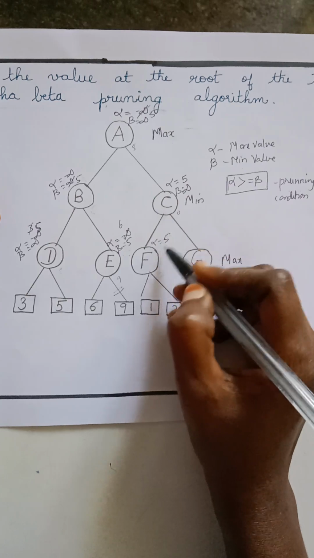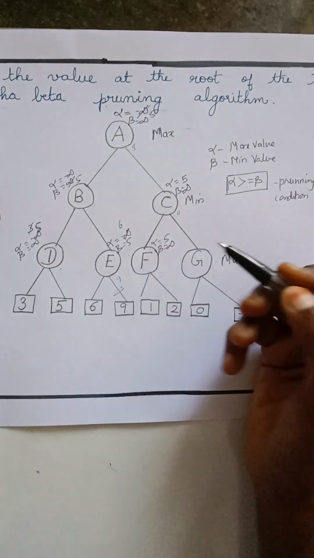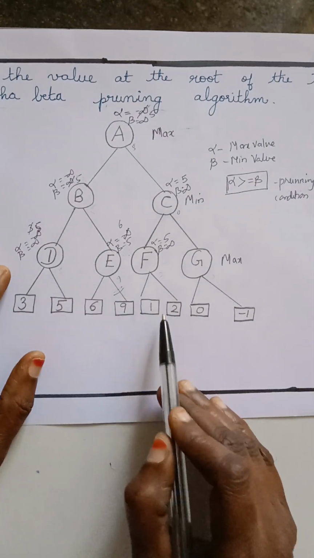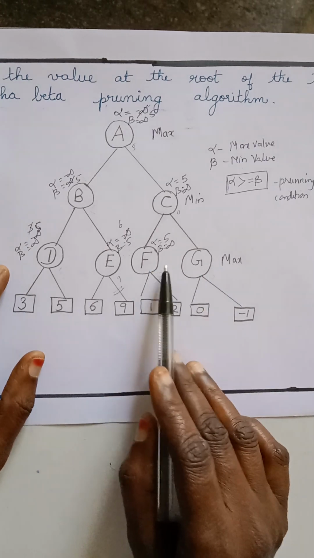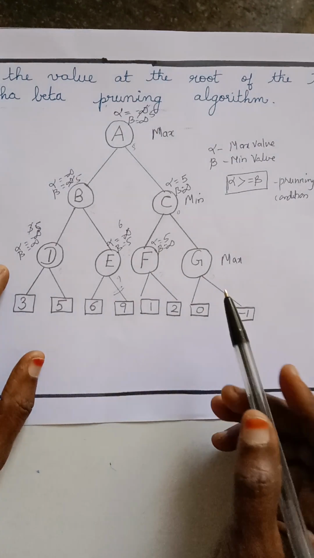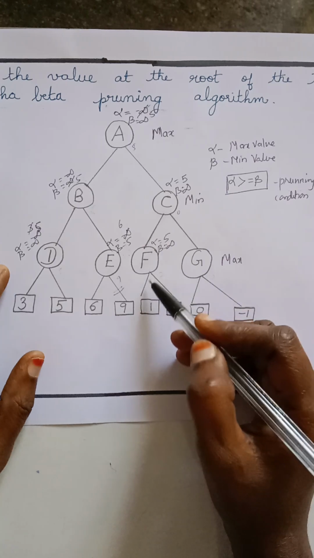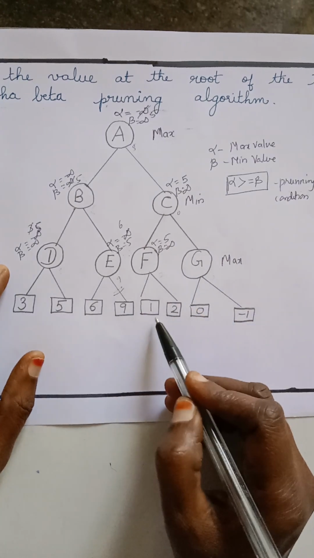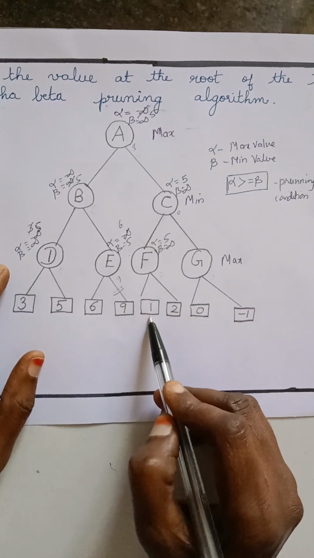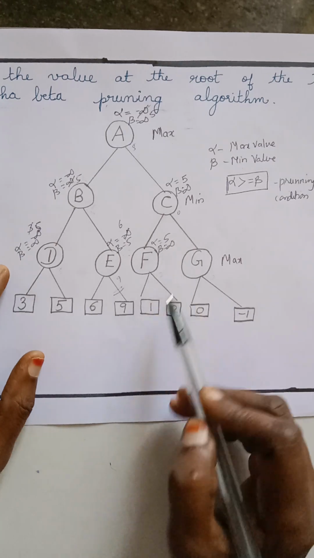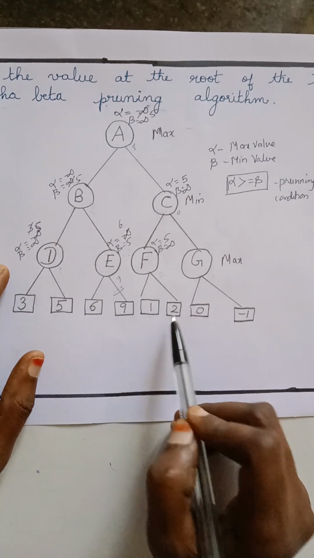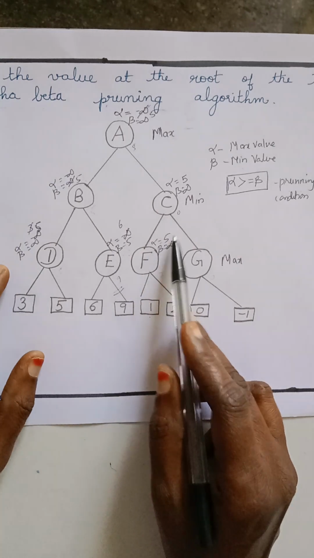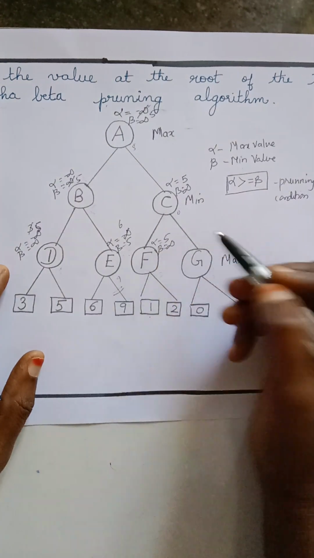Now we have reached the leaf nodes, which are at maximum level, so we have to update the value of alpha using the leaf nodes. First on the left, which is maximum, 5 or 1? Maximum is 5, so leave it like that. Then 2 or 5, which is the maximum? 5 only, so we leave it as such.